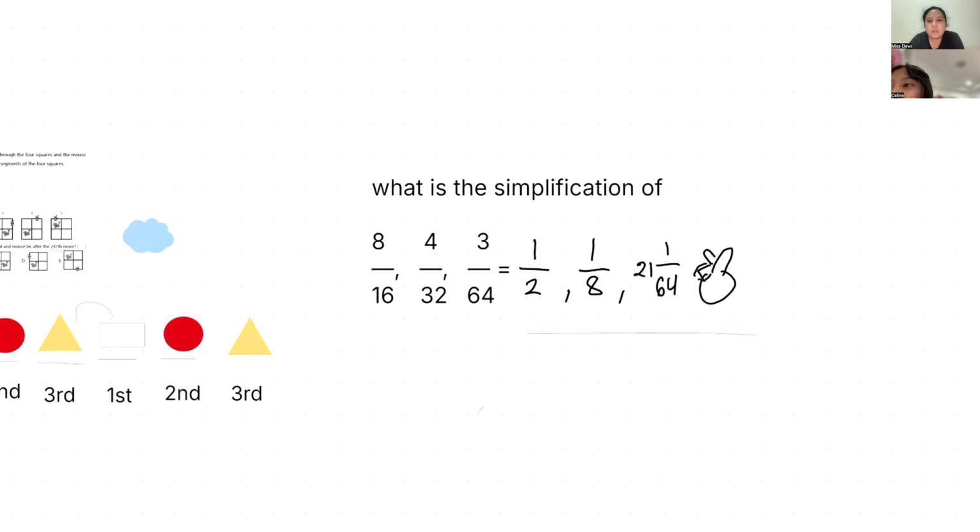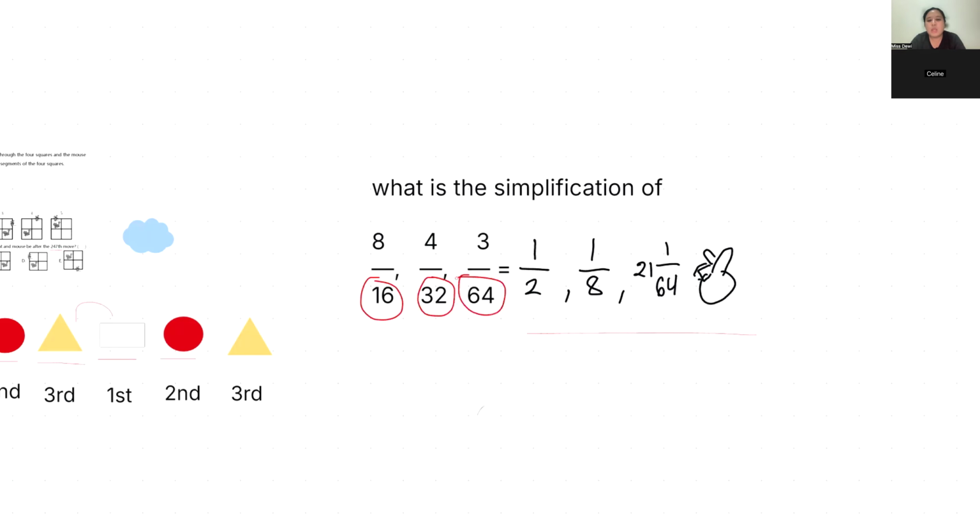64. Actually, we need to make the denominator become the same denominator. What does it mean? They still have different denominators, which is in here. We know there is 16, 32, and 64.